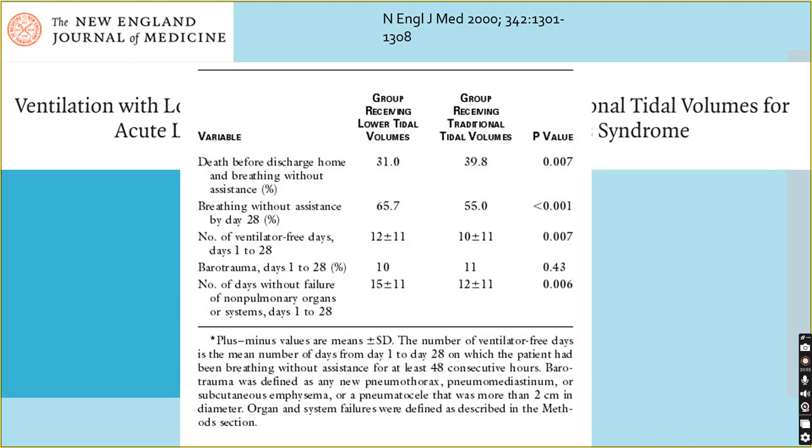This chart shows that death before discharge home and breathing without assistance was much better with low tidal volume ventilation, that is 31%, as compared to almost 40% with the traditional 12 ml per kg of tidal volume. So a significant mortality benefit was found, and this study was actually prematurely stopped because the group getting low tidal volume showed significant mortality benefit. Next slide.